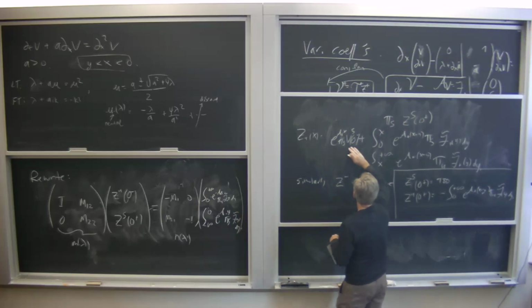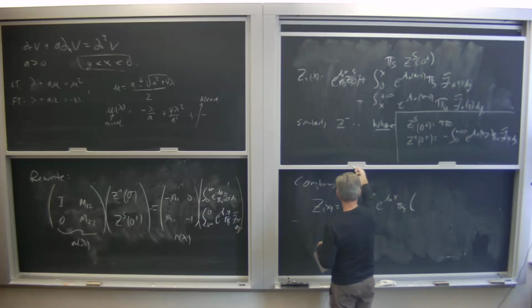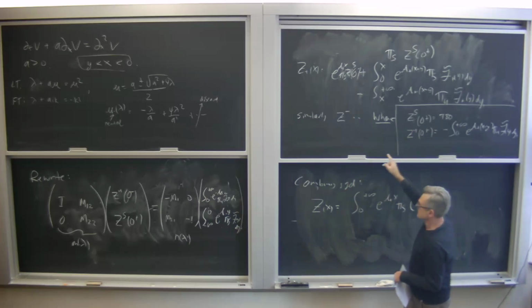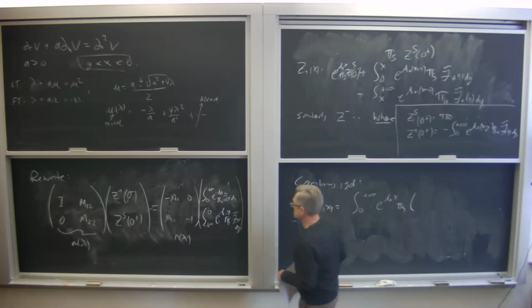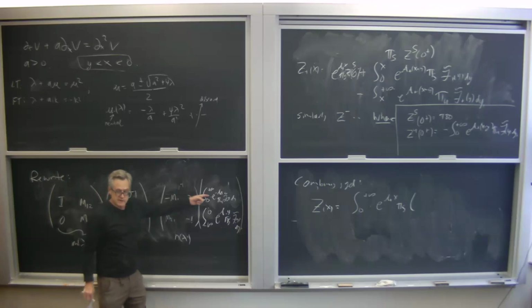This is a z. Yeah, this is a z. So I'm just inserting z of 0 plus and z s of 0 minus. To get that, I invert things. I don't know exactly how it looks, but it's some combination of these two.